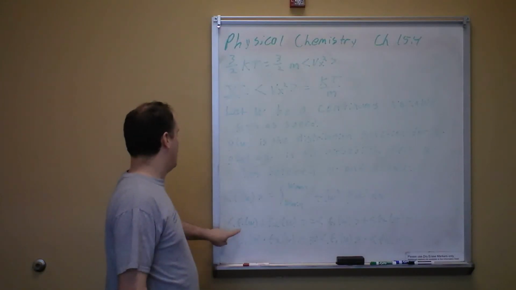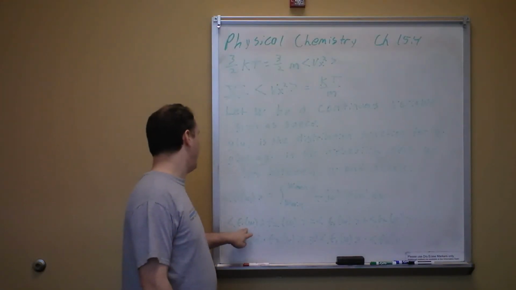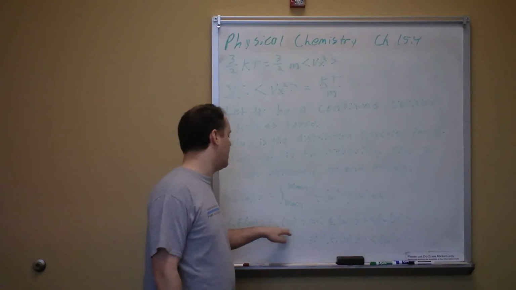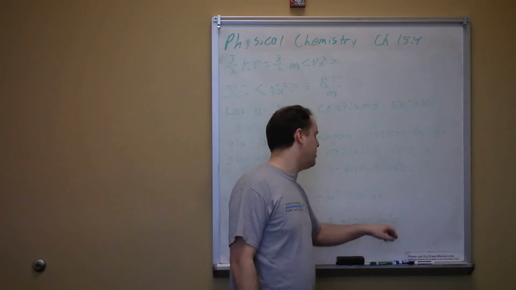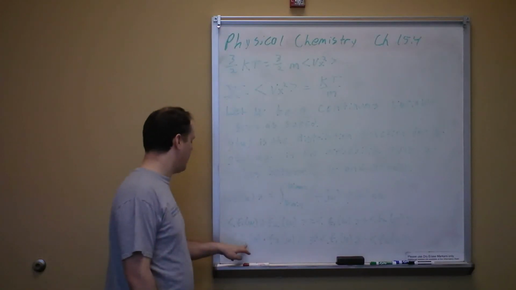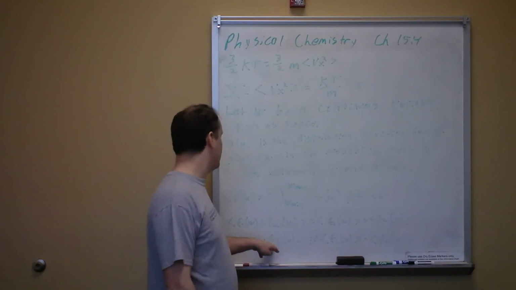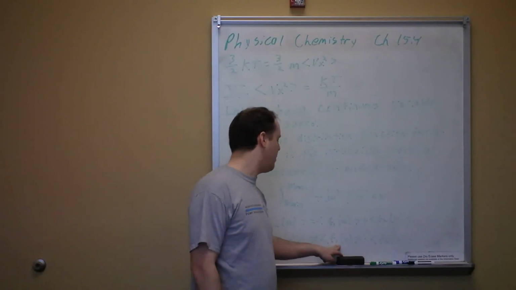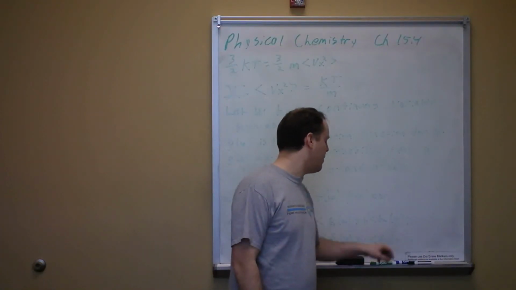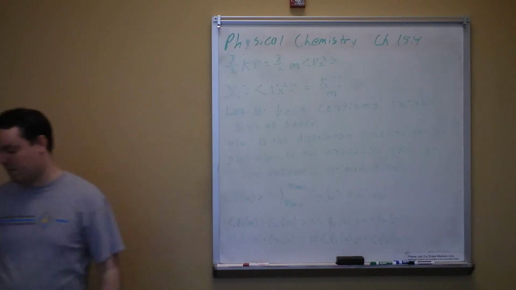Now remember, if you have the average of f1 of w plus f2 of w, that is equal to the average f1 of w plus the average f2 of w. On the other hand, if you have the average of f1 of w times f2 of w, that is not the same as the average f1 of w times the average f2 of w.